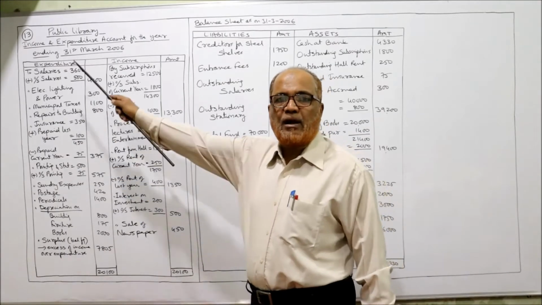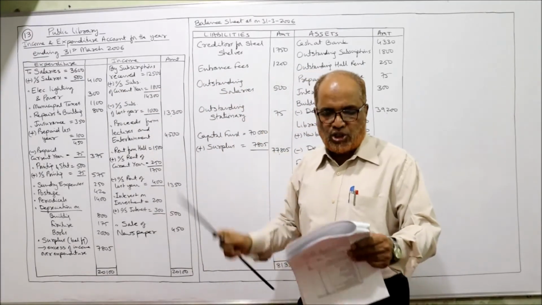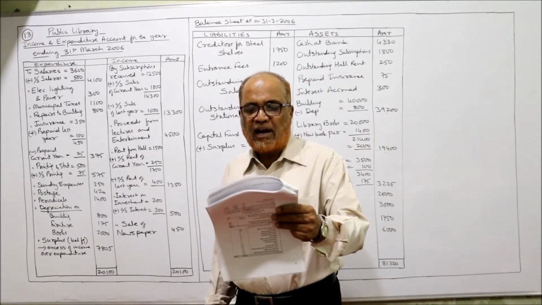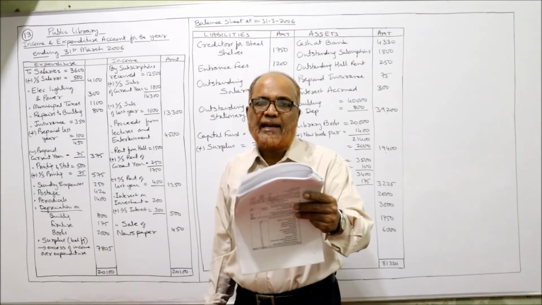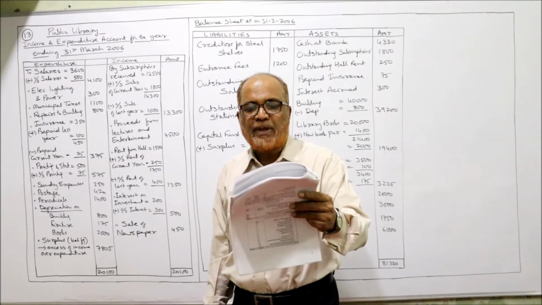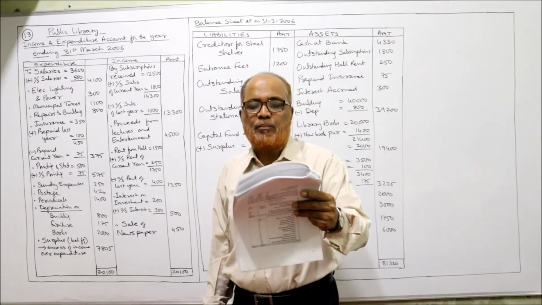Ultimately, you have to prepare income and expenditure account and balance sheet for the year ended 31st March 2006, after providing 2% depreciation on building, 5% on electric installation and furniture and fittings, and 10% on library books.